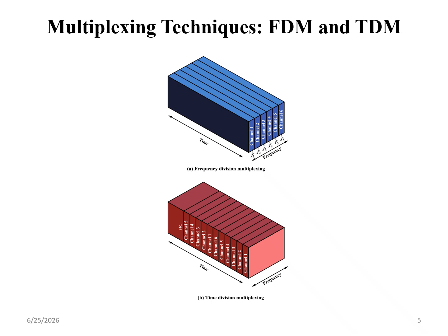So you can see the difference between FDM and TDM in diagrammatic form. First, the blue color is frequency division multiplexing, and the red color is time division multiplexing. In blue, on the y-axis we have time and on the x-axis we have frequency.